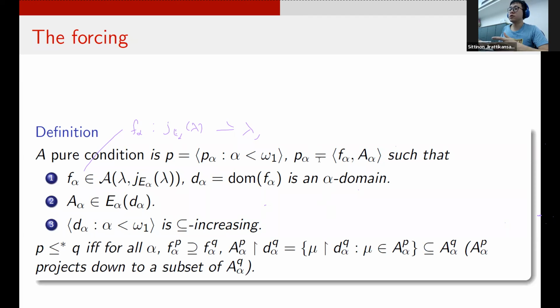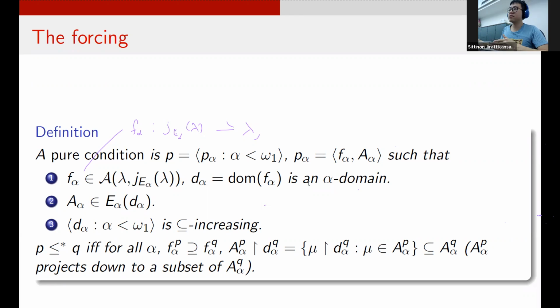And I define a direct extension in the usual way. So p is a direct extension of q if for every component, F_p alpha is stronger than F_q alpha, and A_p alpha should have fewer options compared to A_q alpha. So what do I mean? I mean that once you restrict the object in A_p alpha to D_q alpha, that object with respect to D_q alpha has to be inside A_q alpha.